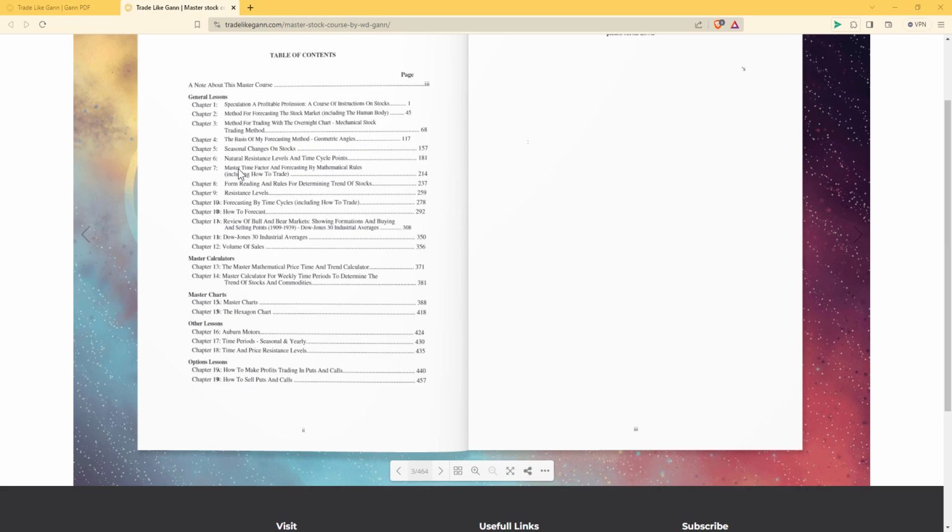Today I want to read and point out a couple of things from one specific chapter, chapter 6, natural resistance level and the time cycle points. This is on page number 181.